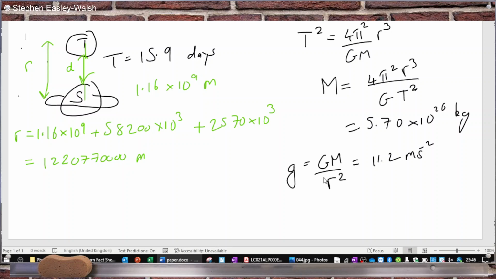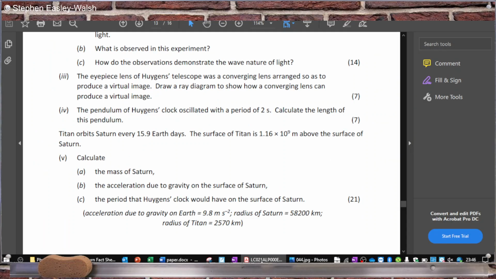That is the right formula. 6.6 times 582 times 10 to the power of 3.